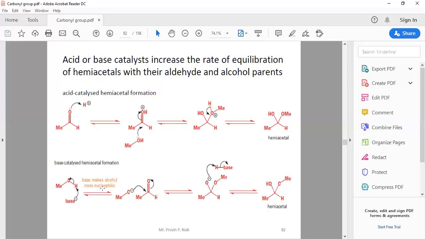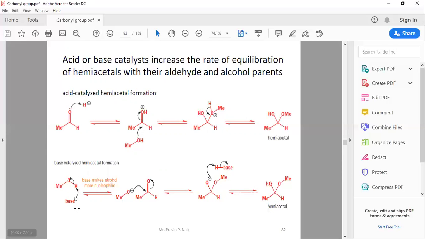While in base catalyzed hemiacetal formation, the base first abstracts the proton of the alcohol, and then this becomes more nucleophilic, and it attacks the carbonyl carbon, the intermediate is formed, and the oxygen is protonated to form the hemiacetal.